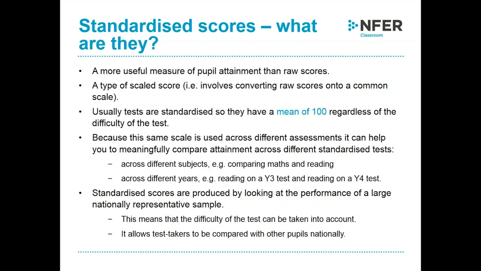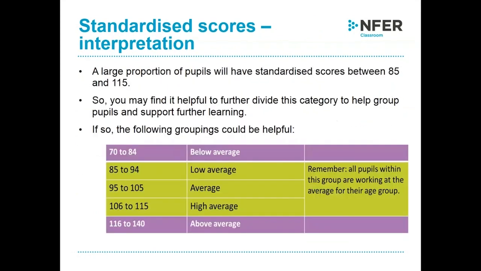As you may realise, this means that a large proportion of pupils will have standardised scores between 85 and 115, so you may find it helpful to further divide this category to help group pupils and support further learning. If so, the following rough groupings could be helpful. However, it is worth keeping in mind that those pupils between 85 and 115 are all working at the average.